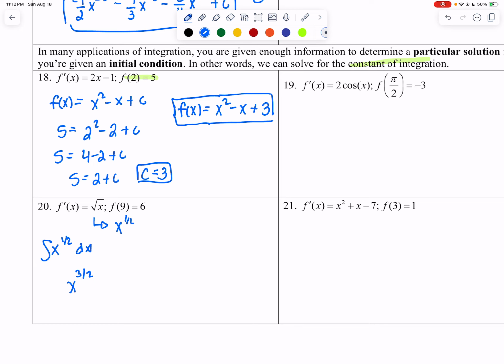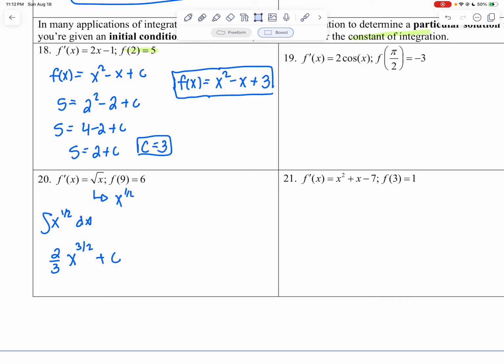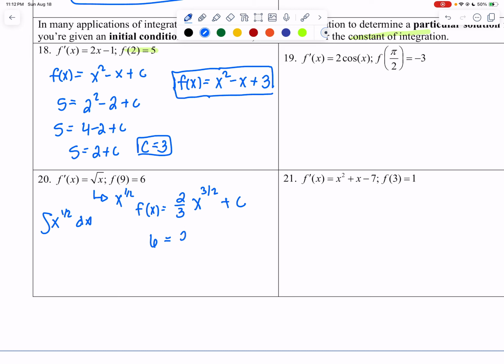And then I'm going to divide, so that's going to give me 2/3 x to the 3/2 plus c. Now I have an initial condition of f of 9 being equal to 6. So I'm going to plug in everything I know. I'm going to say 6 is equal to 2/3 times 9 to the 3/2 plus c.